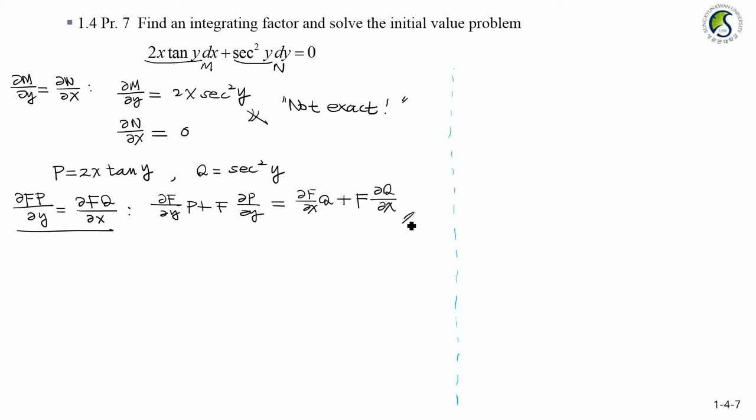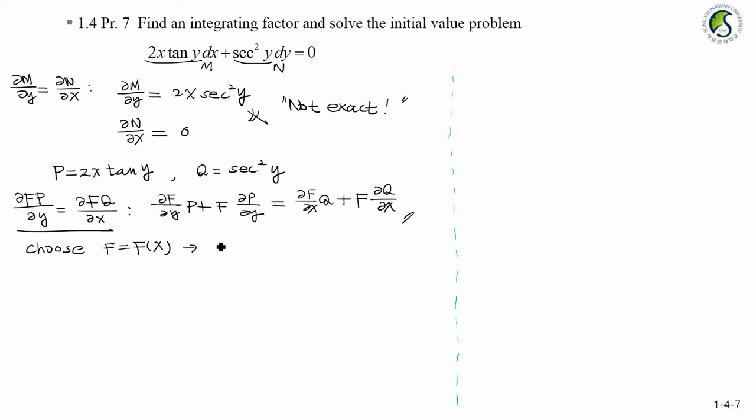We know that this is too complicated, so we have to choose either a function of x or a function of y for the f. So let's choose f to be a function of x. Then df over dy becomes 0. We can simplify this term.